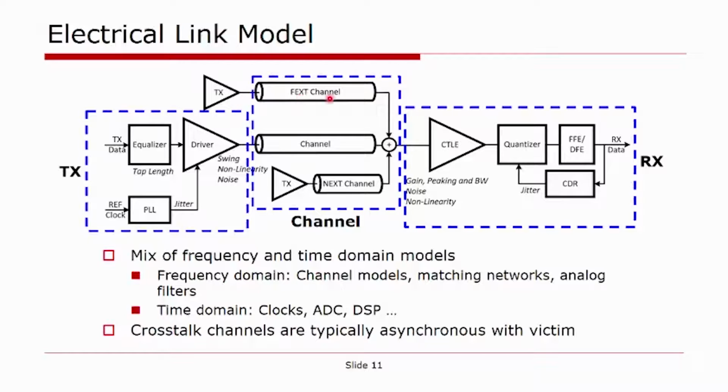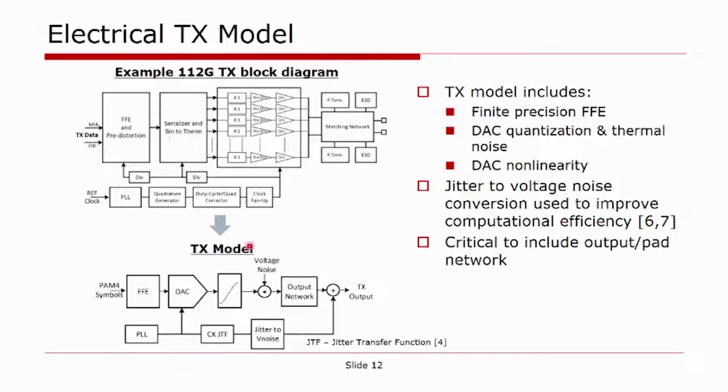And typically the crosstalk channels are assumed to be asynchronous with the main channel. So for the next couple of slides, I'll show some details of the transmitter model and the receiver model, followed by some examples of what kind of analysis these models enable, and show some example results. Okay, so here we show some details of the electrical transmitter model.